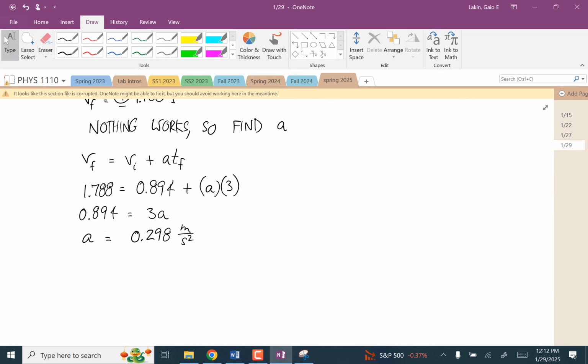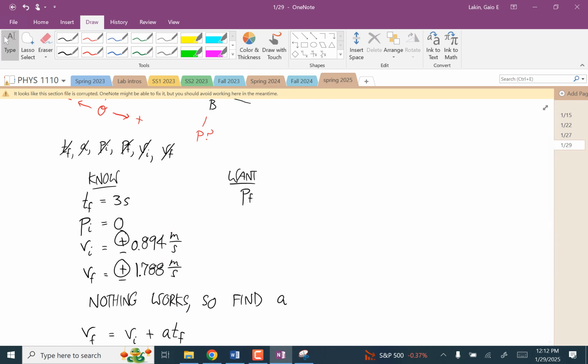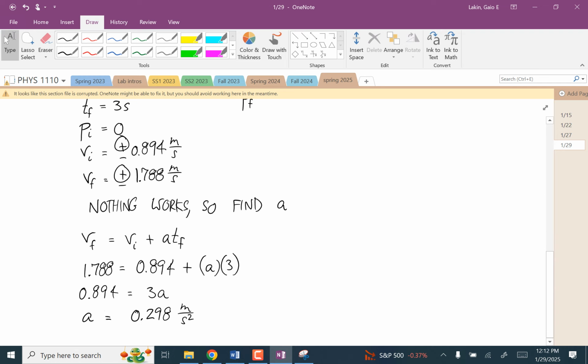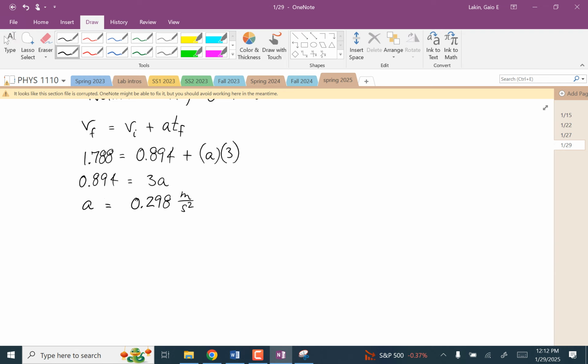We got the acceleration. We're not trying to find the acceleration, we're trying to find P final. But now we can get another equation that lets us solve for P final. So what works now? This one.